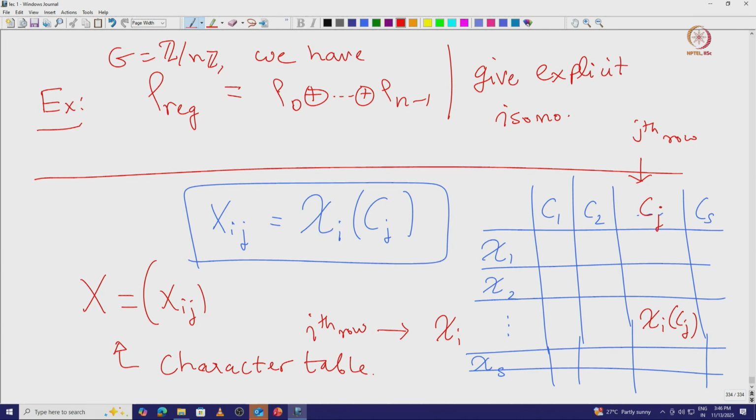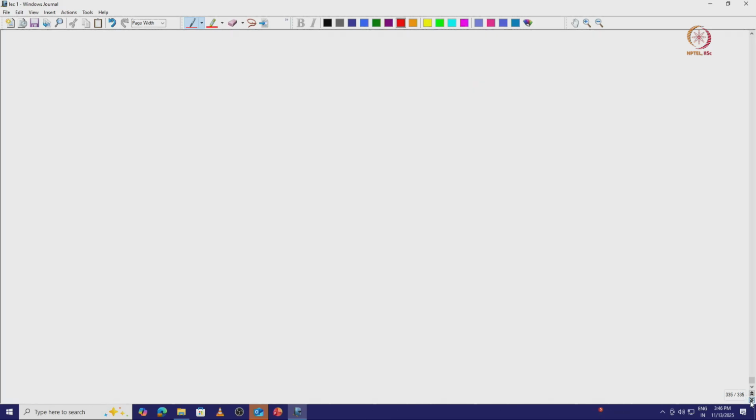The character table completely has the information about the values of the characters on each conjugacy class. So once we read the character table, we can read all the characters, and that means we will be able to tell everything about the representations of the given group.